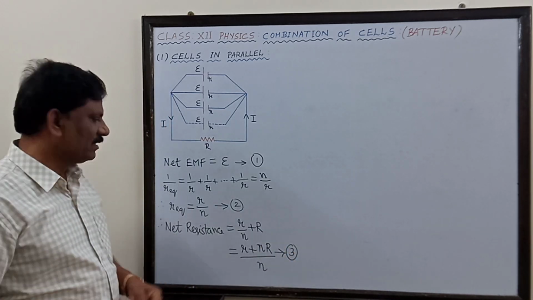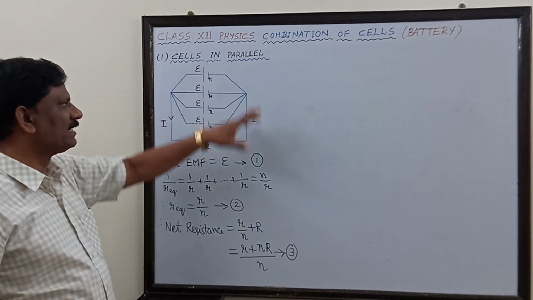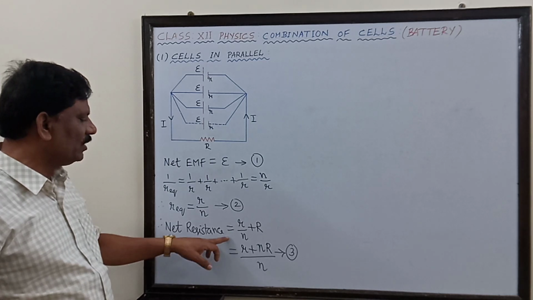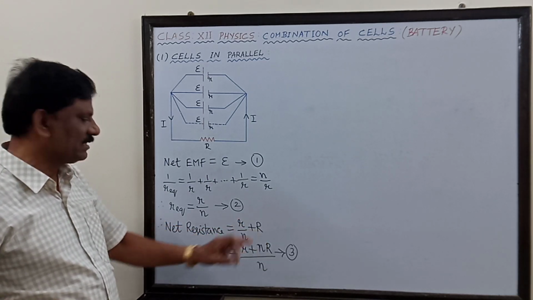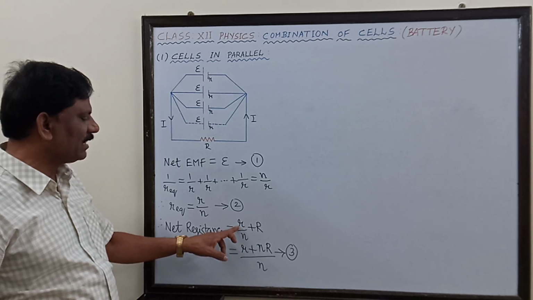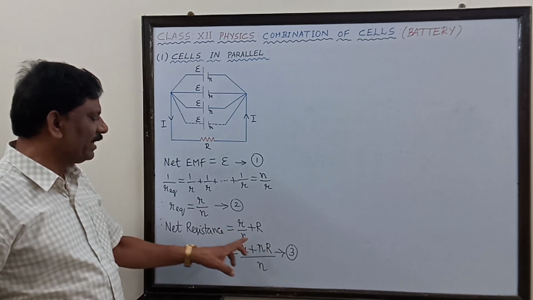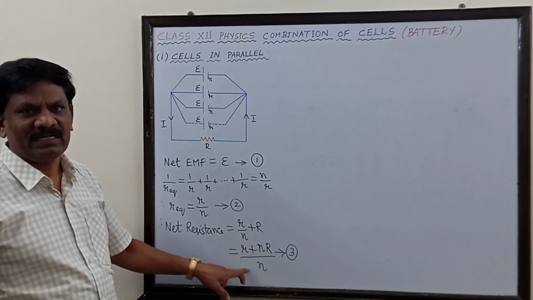So the total effective resistance in this entire circuit is equal to the effective internal resistance plus the external resistance. If you take the LCM, it is r plus n times capital R divided by n.